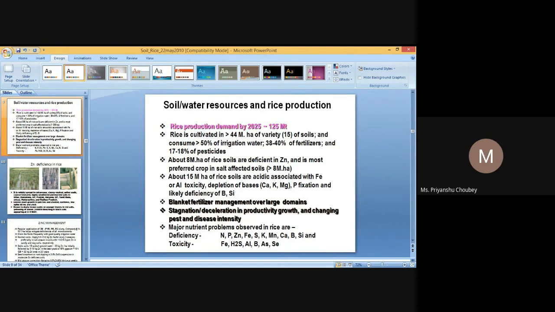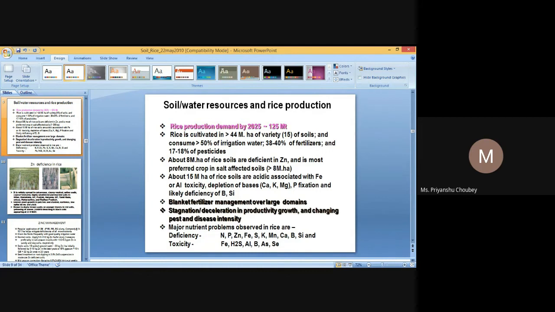Soil organisms belong to both the plant kingdom, flora, and the animal kingdom, fauna. This table shows the flora and fauna. Soil organisms: the first one is flora and the second one is fauna. Flora is again divided into two forms, macroflora and microflora.